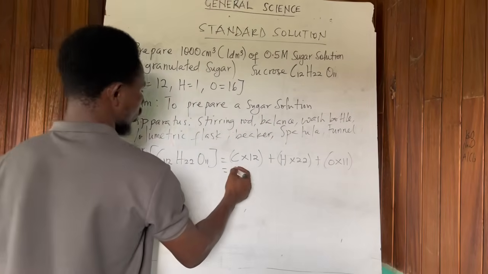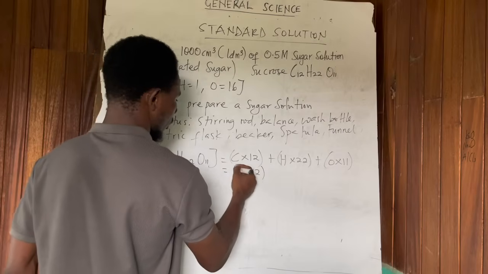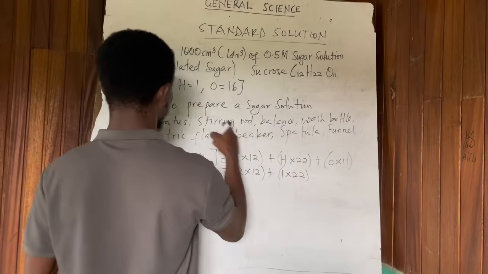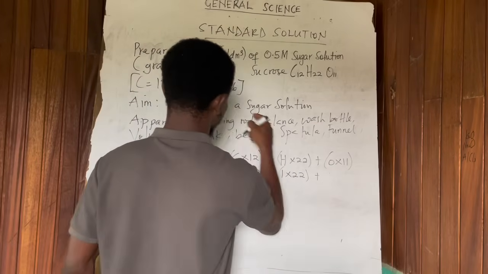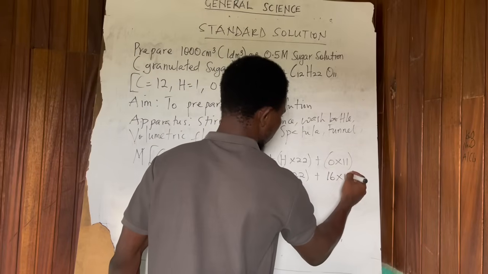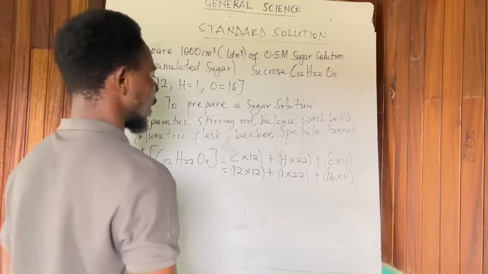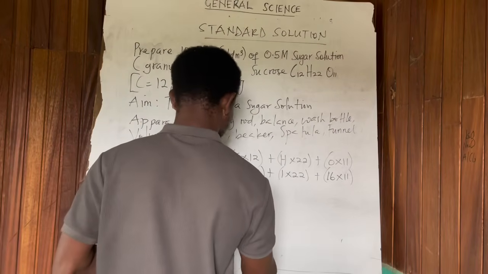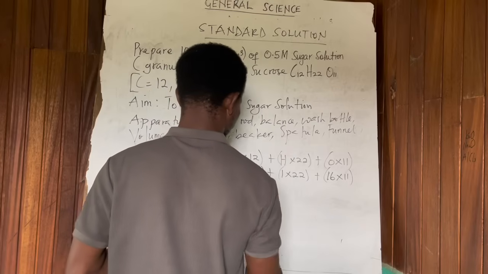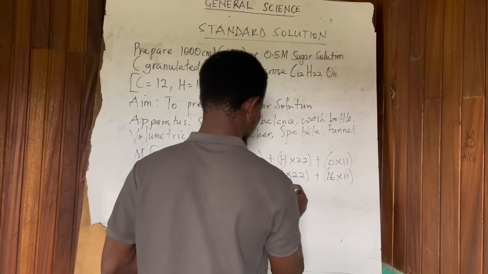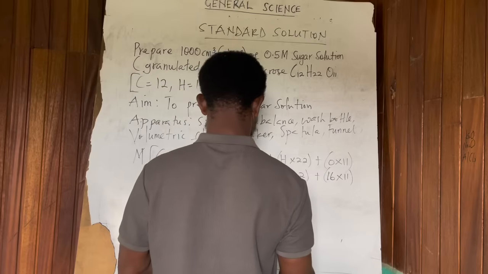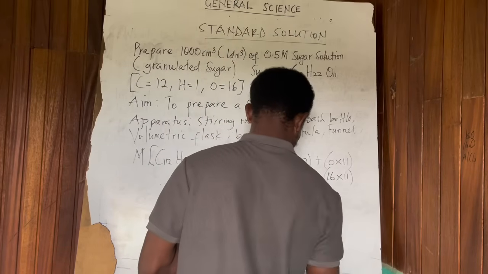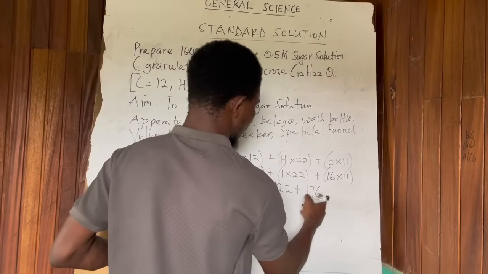Carbon is 12 times 12 plus hydrogen 1 times 22, plus oxygen 16 multiplied by 11. 12 times 12, I'm going to get 144, plus 1 times 22 is 22, plus 16 times 11 is 176.